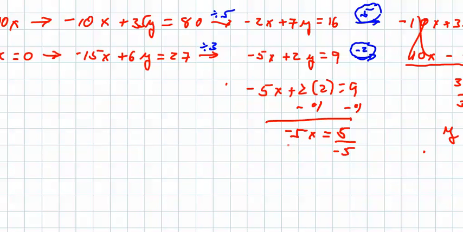Divide by negative 5 on both sides. x is equal to negative 1. Our final answer then is x is negative 1 and y is 2.